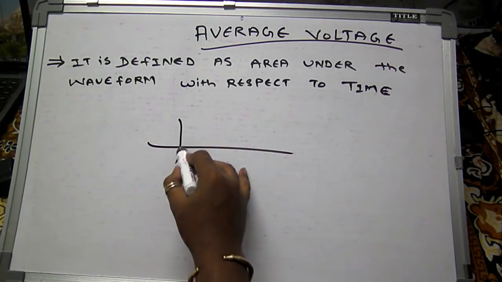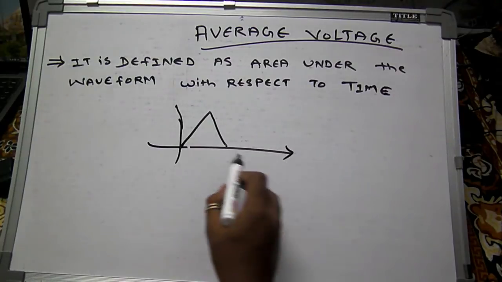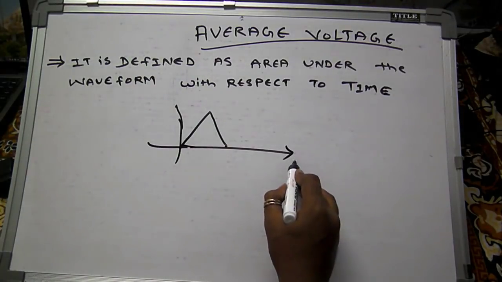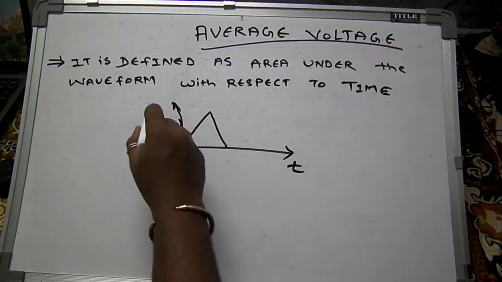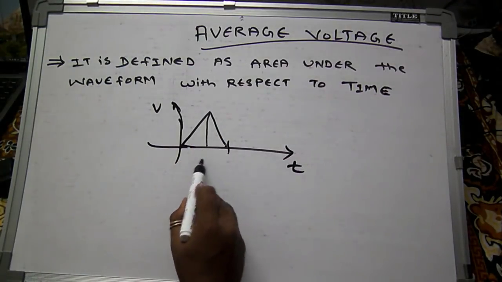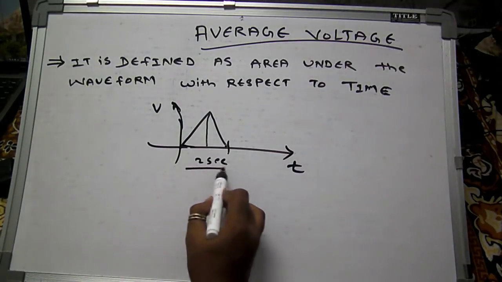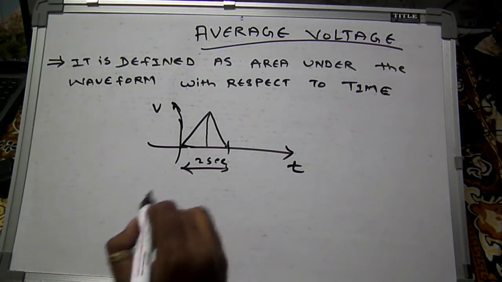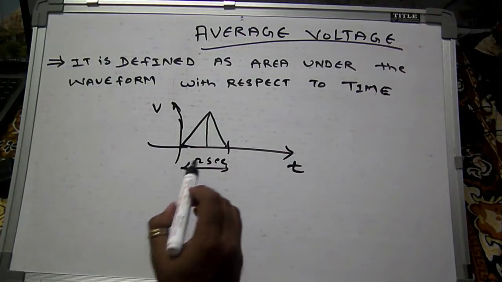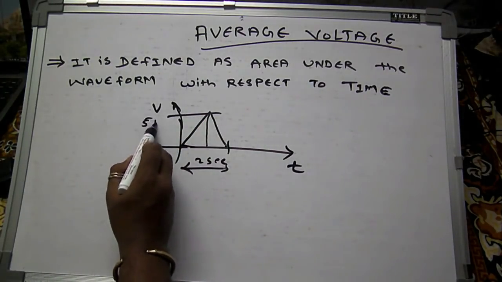If we have a waveform like this, a triangular wave, this is the time axis, this is the voltage axis. This is the height, this is the time period. Suppose it is 2 seconds, and this height means voltage, suppose the voltage is 5 volt.